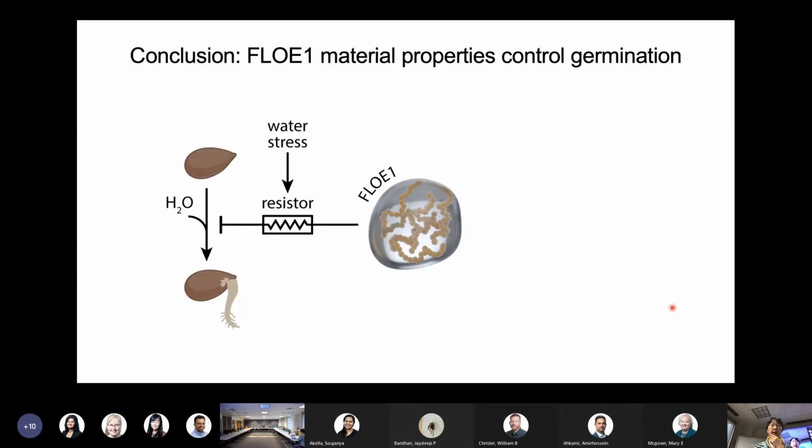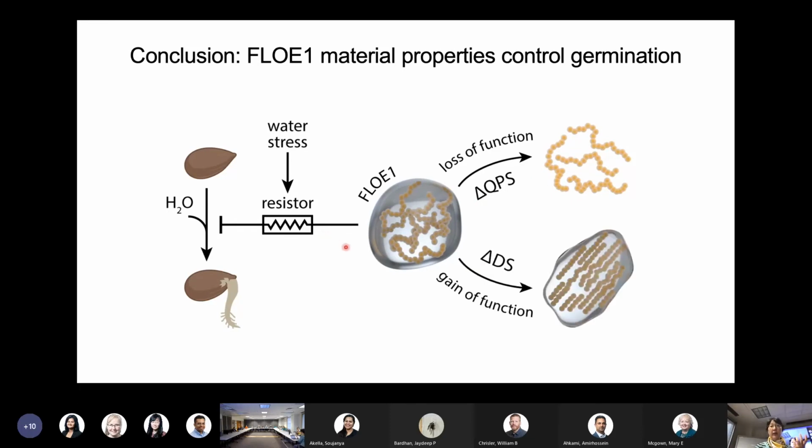So our current model is that flow 1 is acting as a resistor, and it's basically preventing the seeds from germinating when the water potential is low. And it seems to be doing that through this physical state somehow. When we don't allow it to form these liquid droplets, they're not really able to resist very well.